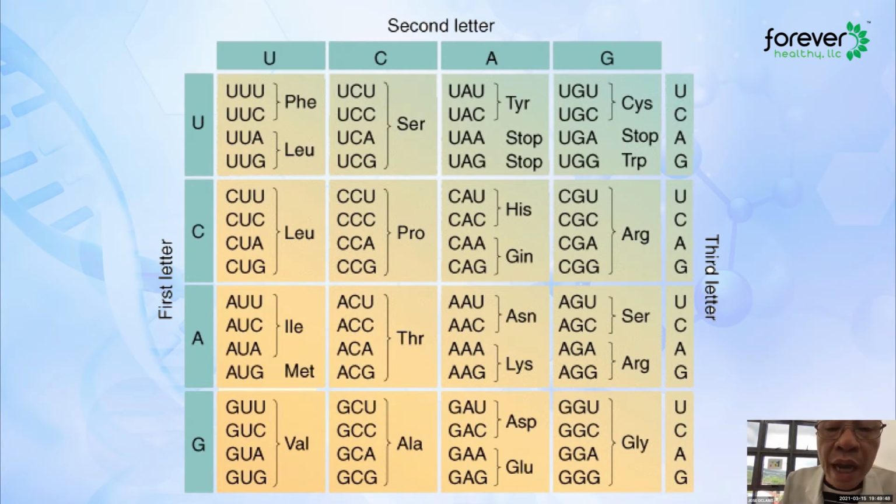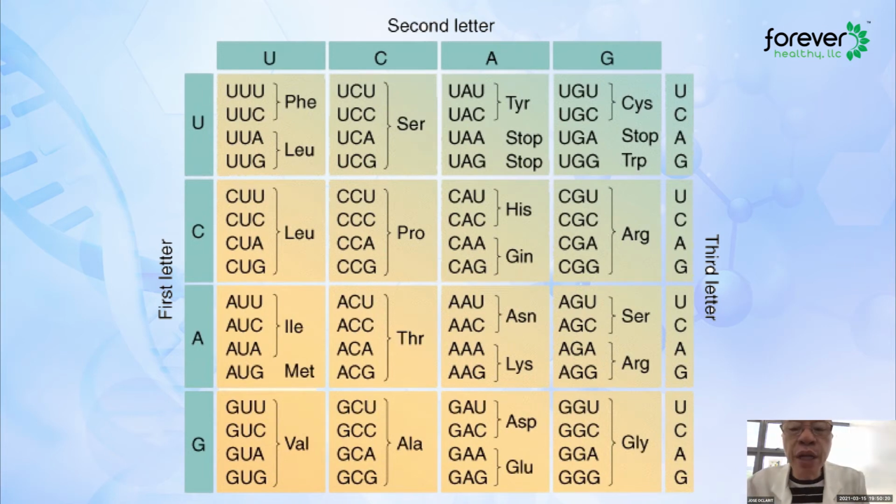But because of the redundant codes, mutation is prevented. For example, if A is replaced by C or C is replaced by G, but the first and second letters are the same, UUA and UUG are still leucine. So even if there was a change in nucleotide, there was no change in amino acid, and therefore no mutation because of the redundant codes.